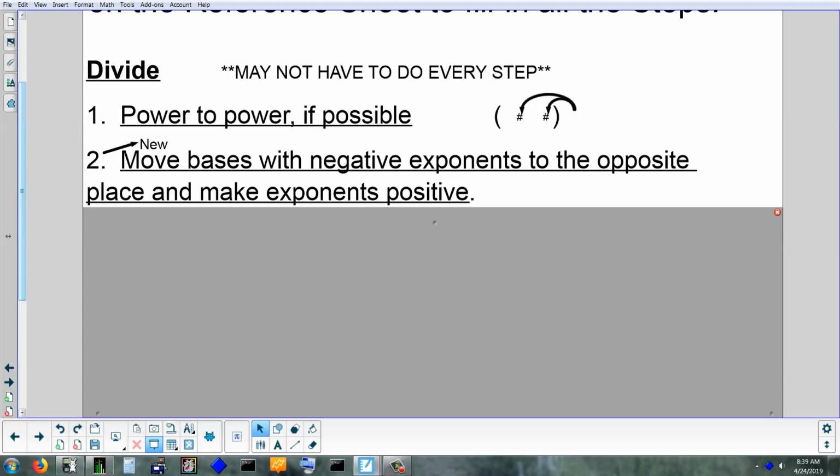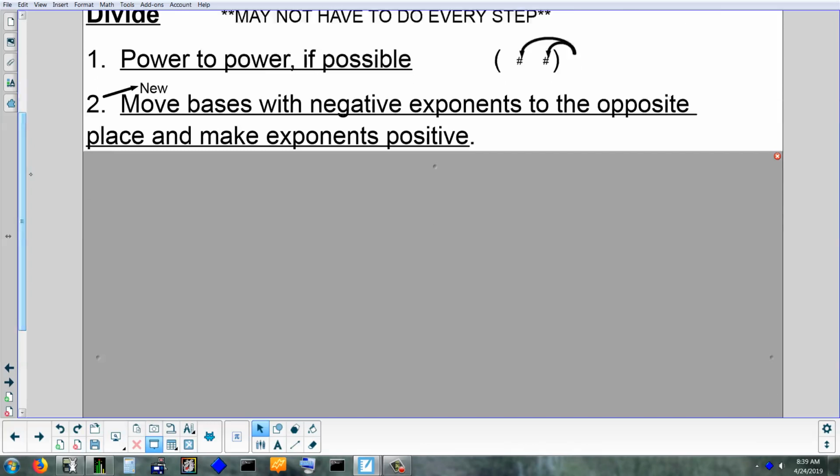It's on the top, when I move to the bottom, it becomes positive. It's on the bottom, I move to the top, it becomes positive. Remember, if the whole number, or the base, is negative, it stays negative. The only thing that becomes positive is when you move the exponents, not the base. The base is negative, it stays negative. The base is positive, it stays positive.